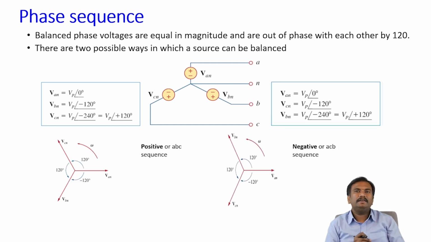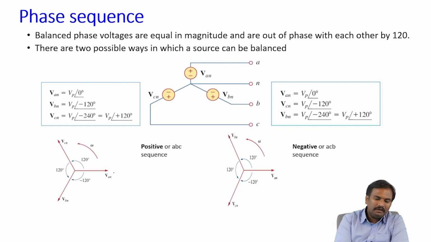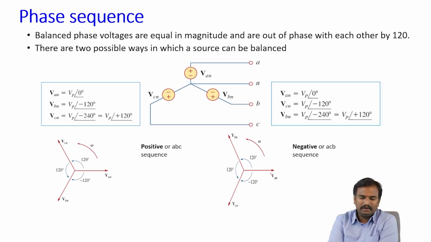These connections can have the positive ABC sequence or the ACB sequence, which is called the negative sequence. Here we have VAN, VBN, VCN, and here we have VAN, VCN, VBN.